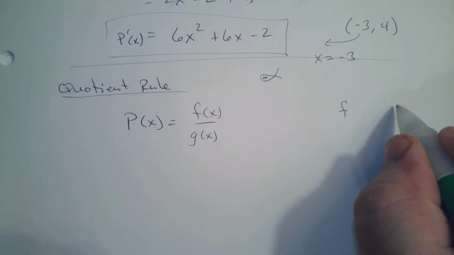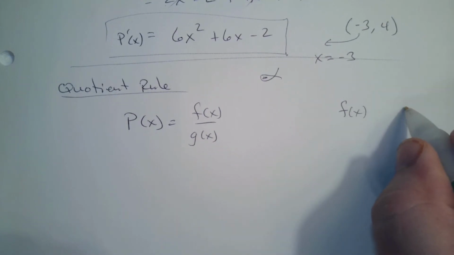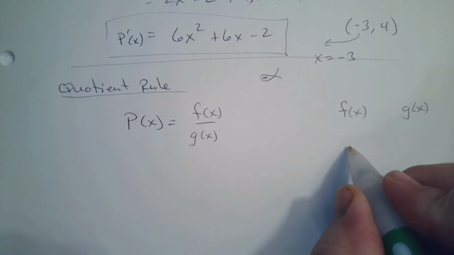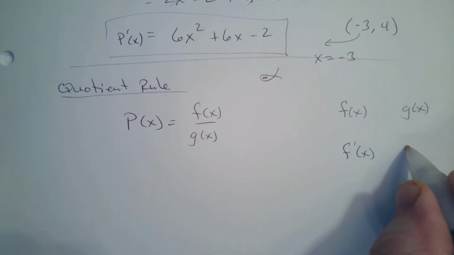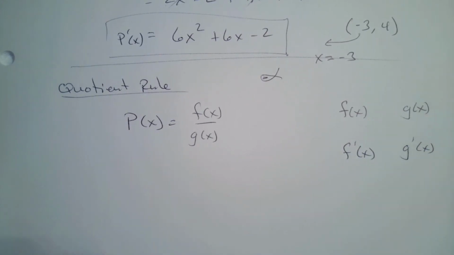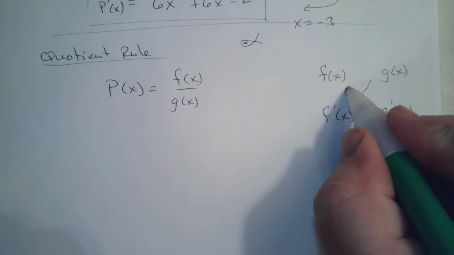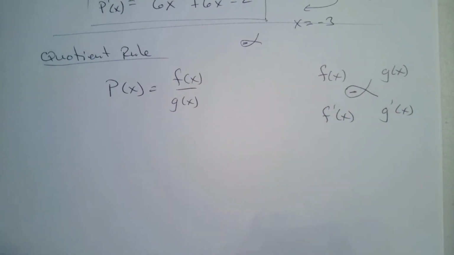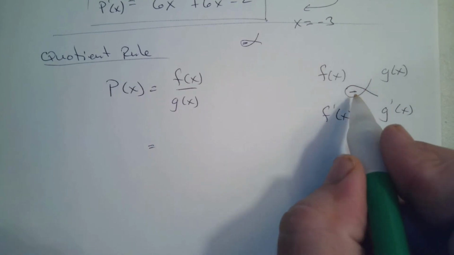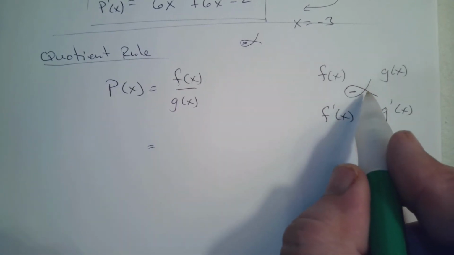So we have f of x, g of x, f prime of x, g prime of x. So that's the first difference.